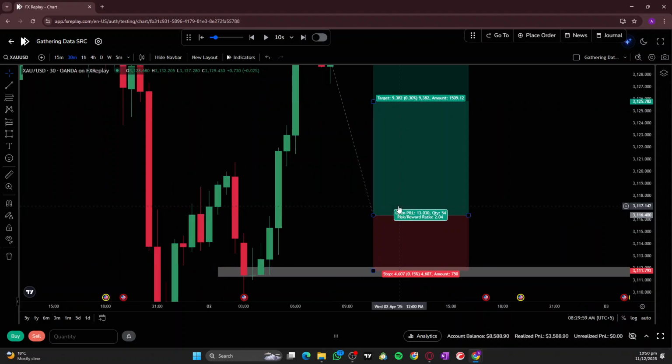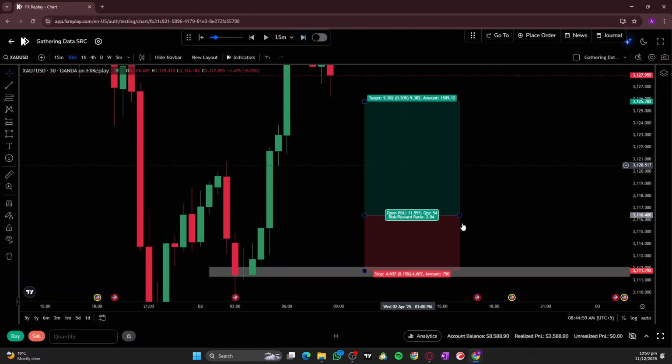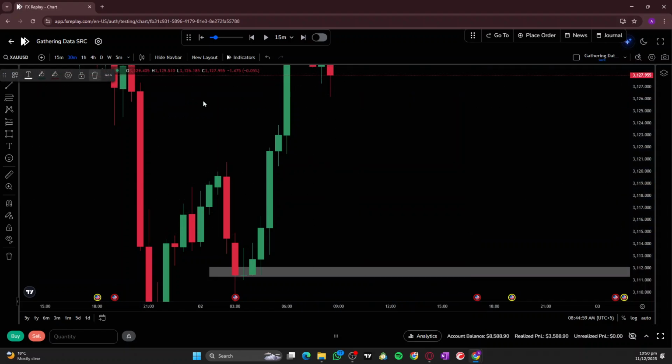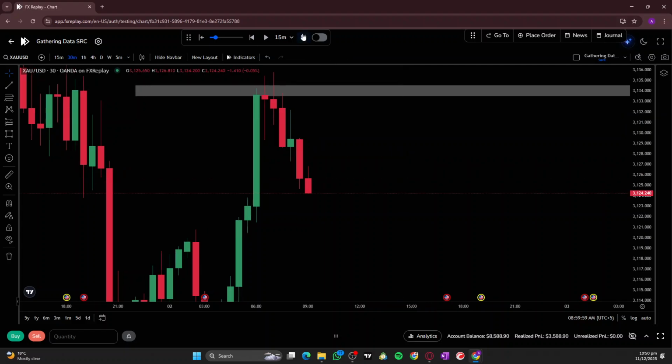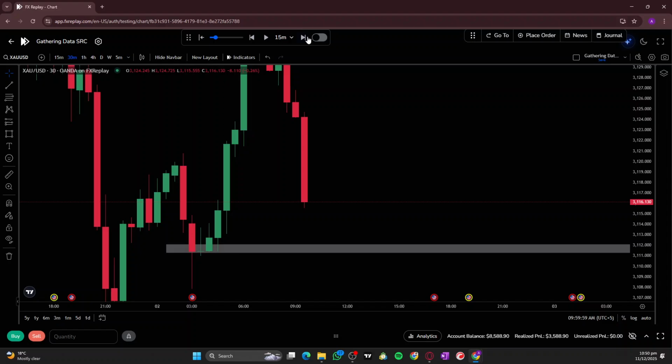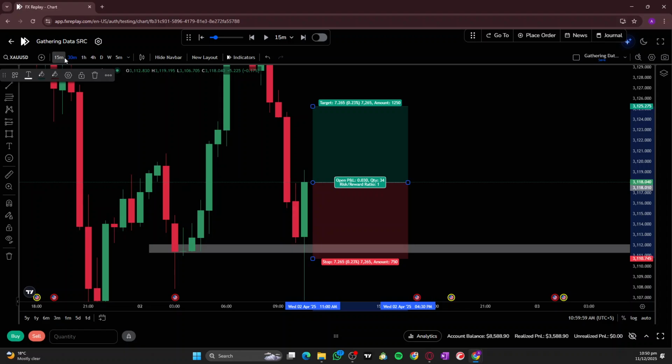I'm just gonna revive this trade because I wouldn't have taken this trade in the first place. Let's just move this to 15 minutes. This was free fall. Price came back over here, but I had to take it on the 30 minute. I'm gonna take a buy on the 30 minute.